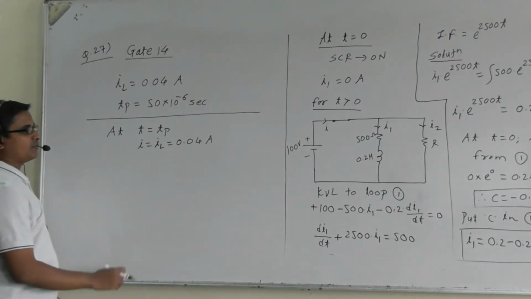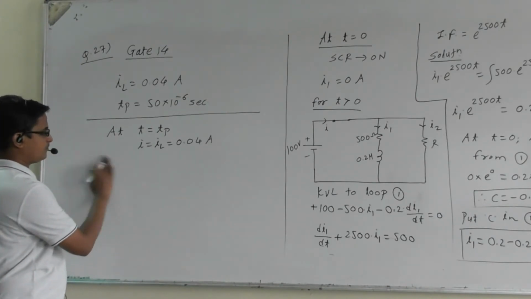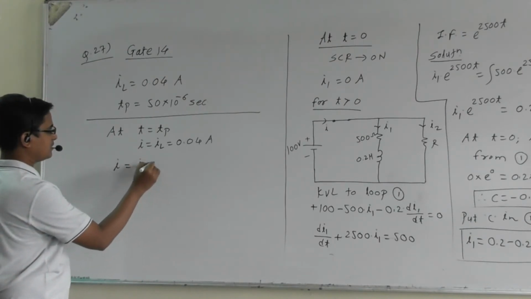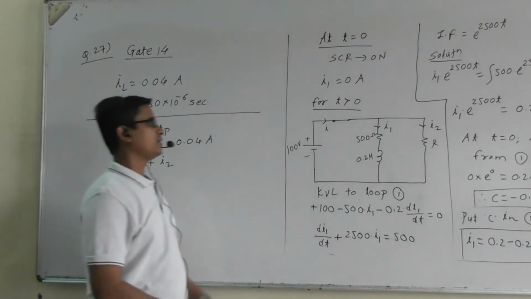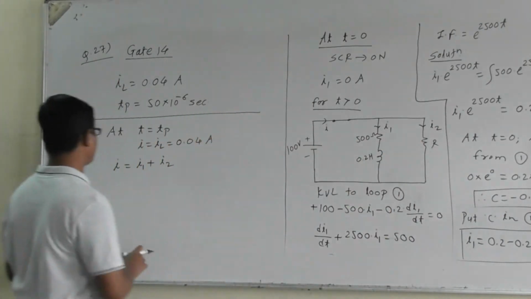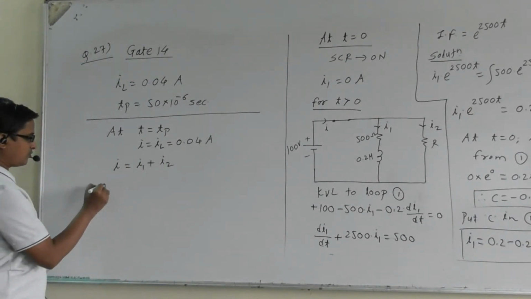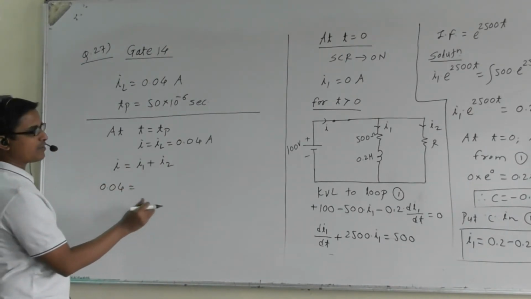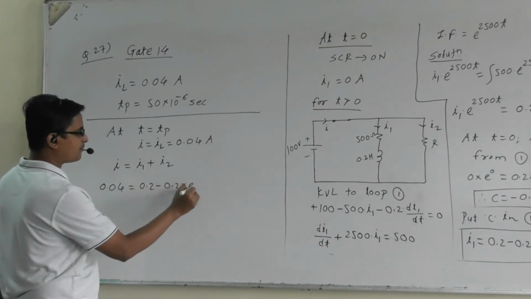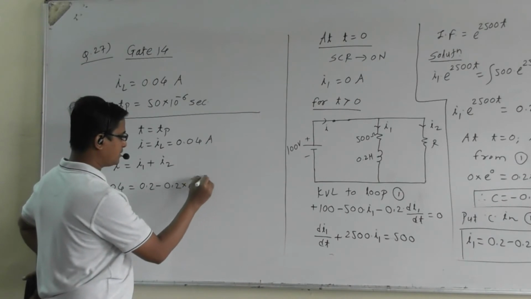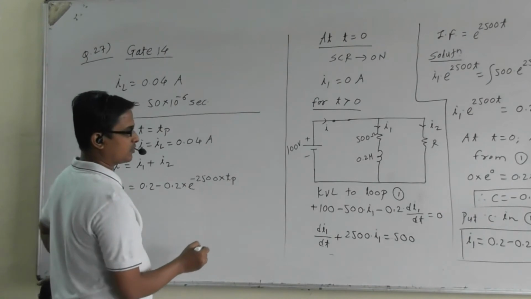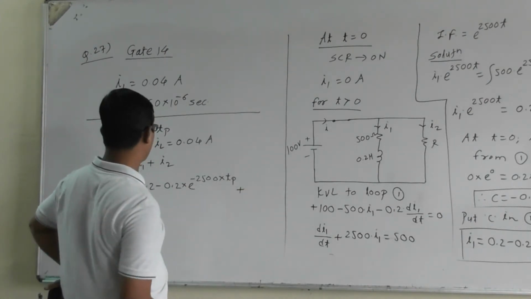So further we can write I is equal to I1 plus I2, because if I apply KCL, I is equal to I1 plus I2, right? So I at tp is 0.04, equal to I1, which is 0.2 minus 0.2 into e to the power minus 2500 into tp, plus I2.